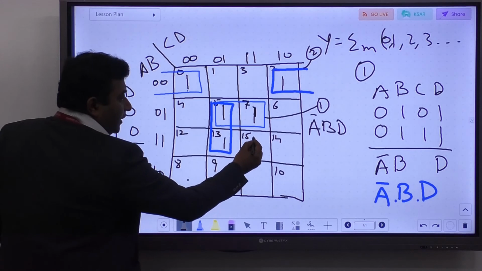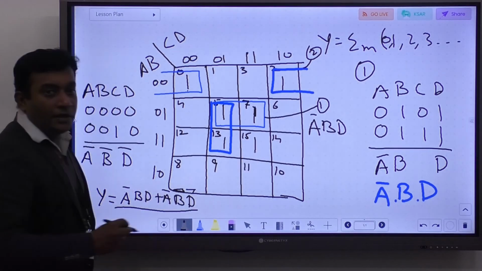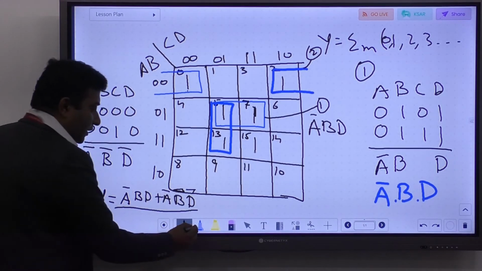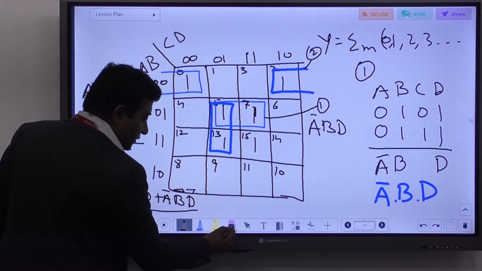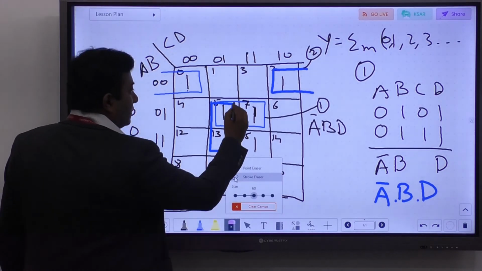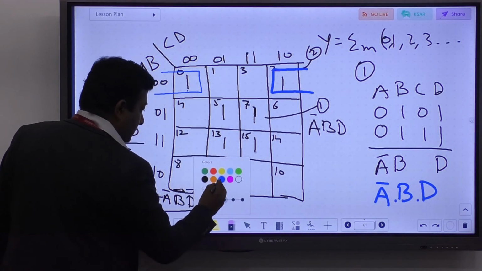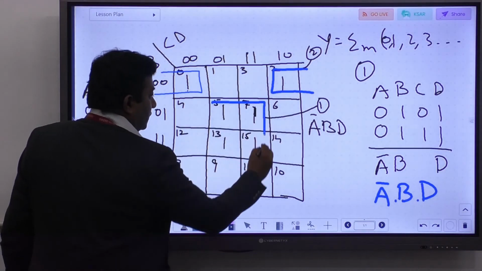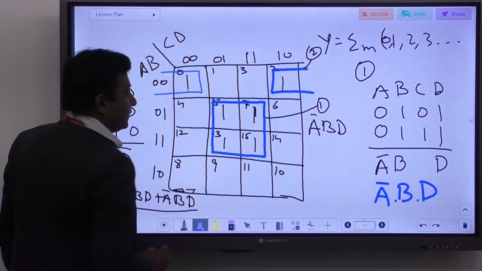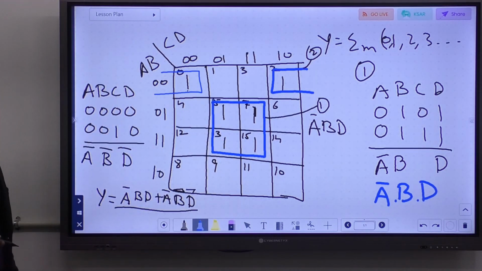Okay, in case if there is a minterm over here, what we can make is a quad. Okay, we can make a quad.